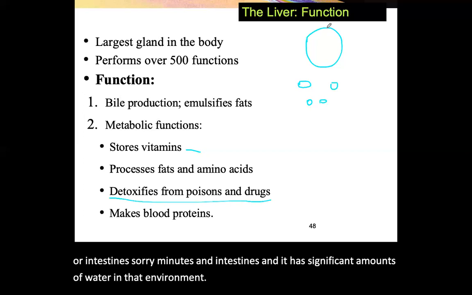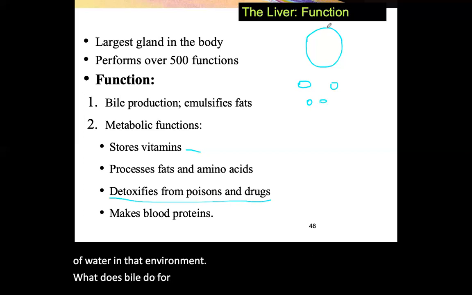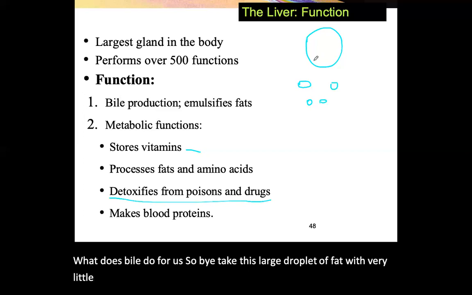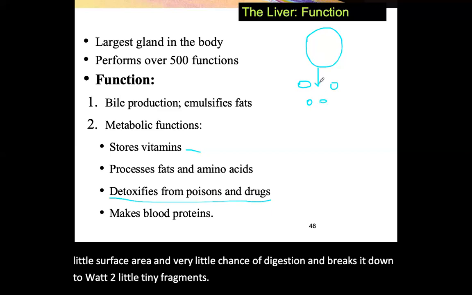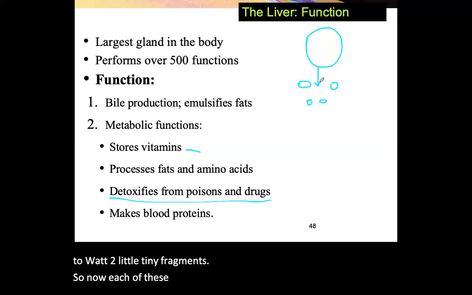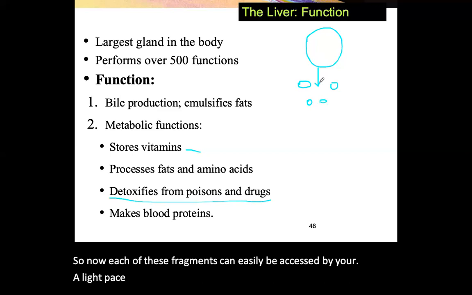So what does bile do for us? So bile takes this large droplet of fat with very little surface area and very little chance of digestion and breaks it down to what? To little tiny fragments. So now each of these fragments can easily be accessed by your lipase enzyme and digested pretty rapidly.